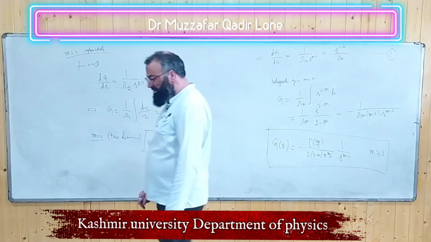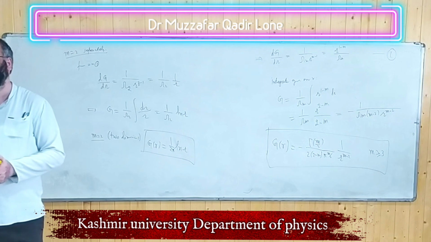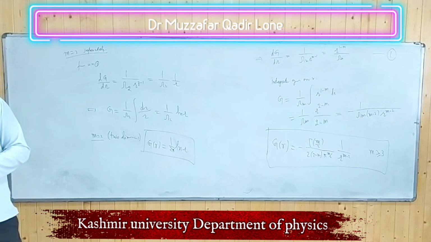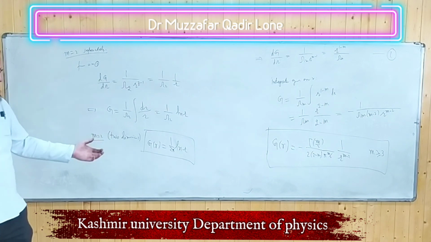What does it mean? In 2 dimensions, it's a very special thing. Try to think over it. Why is there a natural log in the Green's function?